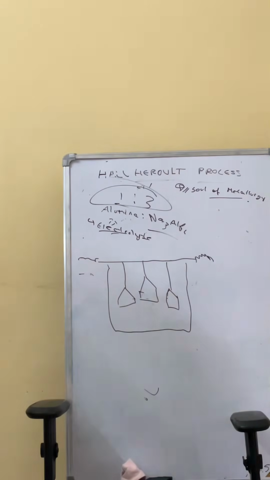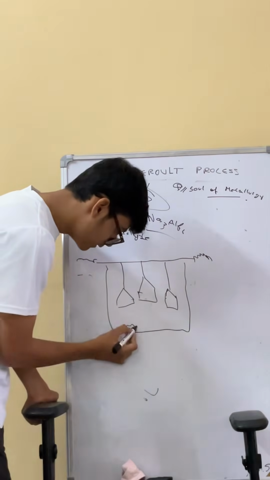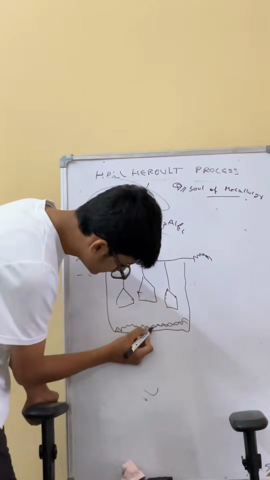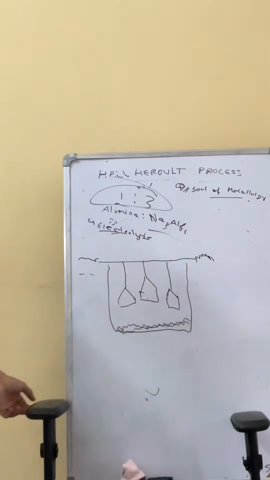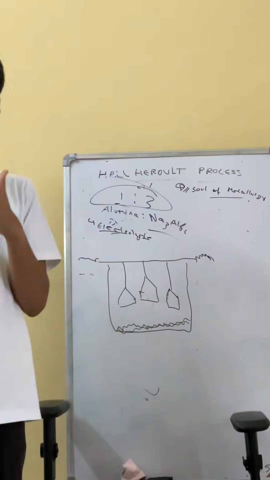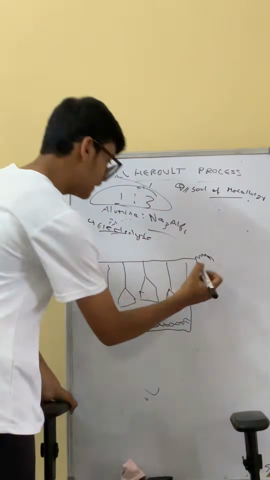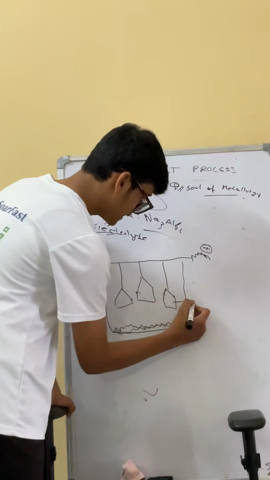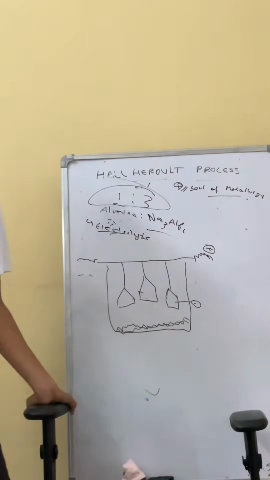This is what you basically need to remember. There we go, this is what the basic structure looks like. Now here's what is important to understand. This is connected to a positive terminal, and these are negative, right?